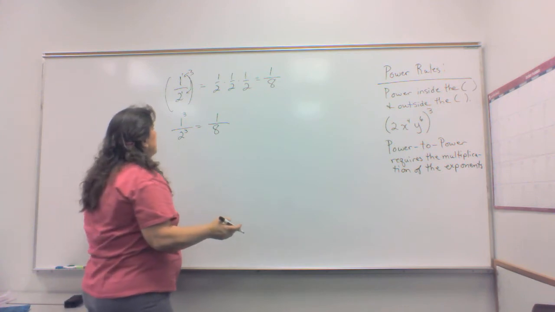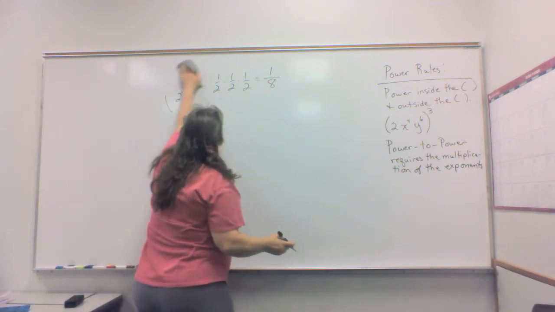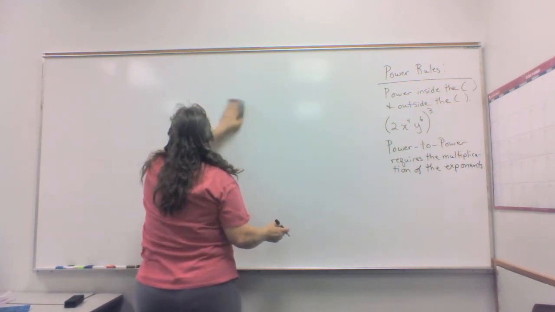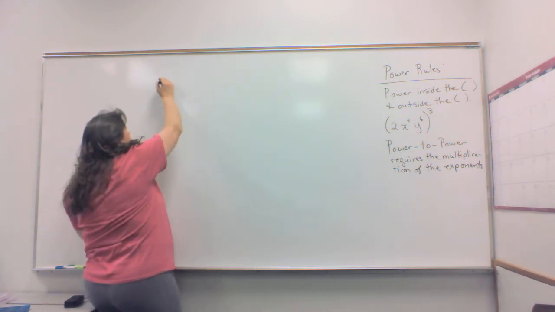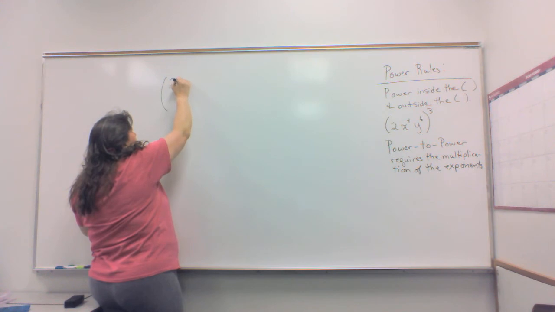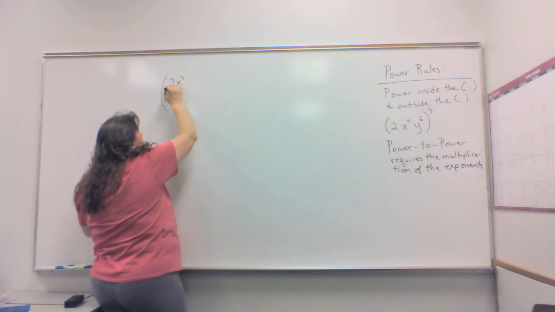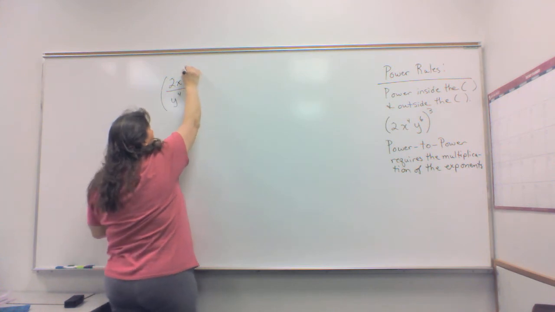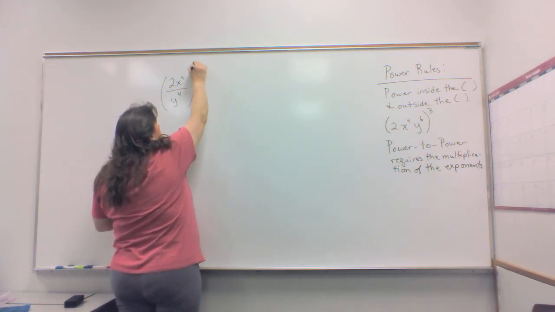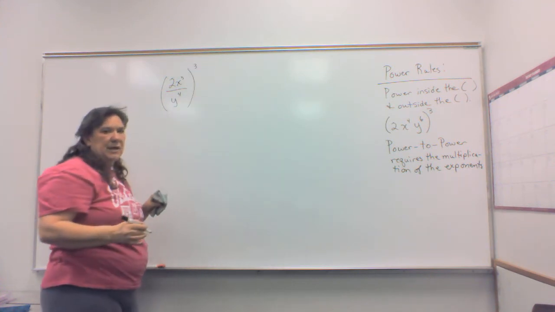Now let's make the fraction a little more complex. Okay, let's look at it: 2x to the 3rd over y to the fourth. And let's make this to the third power. Okay?